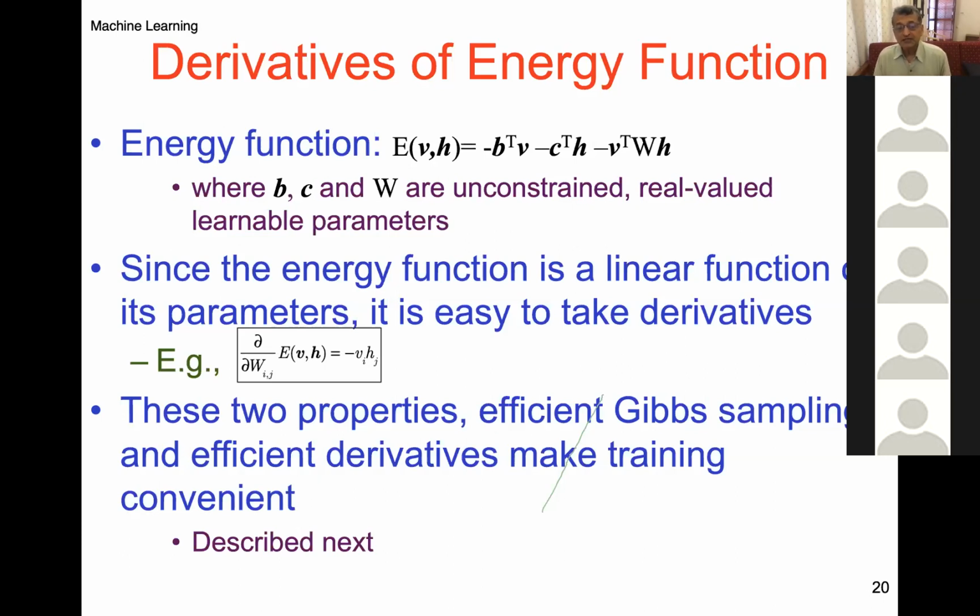What we are going to do is take the derivative of this energy function. Why do you want a derivative of the energy function? Because we're going to be using it in the learning process. Calculus comes around whenever you want to do learning.